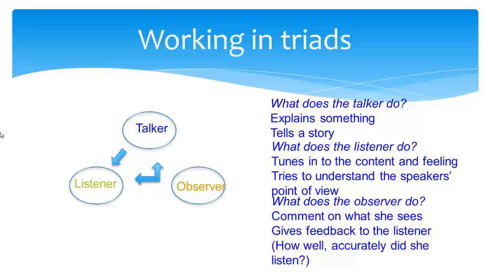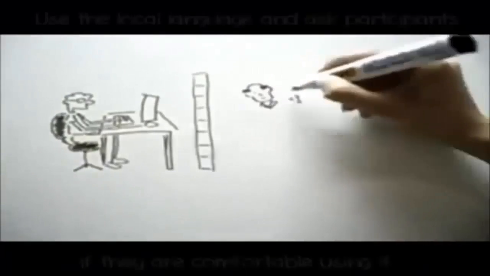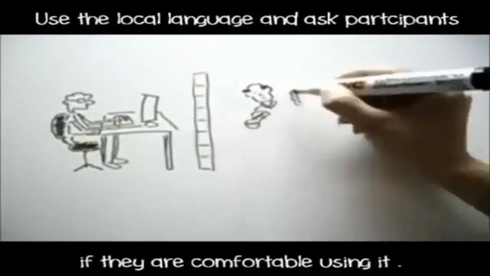Is the listener really engaged in the whole process? And at the end of the day, he or she will give feedback to the listener and then the talker. And this type of grouping helps in promoting interaction between these 3 people and helps in consolidating their speaking skills, listening skills, and observational skills.